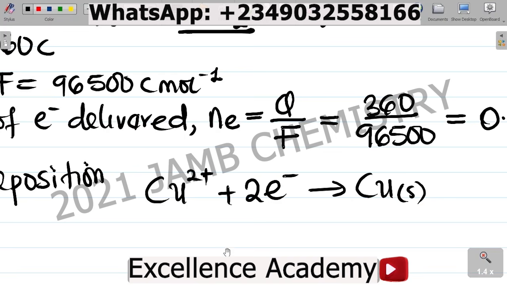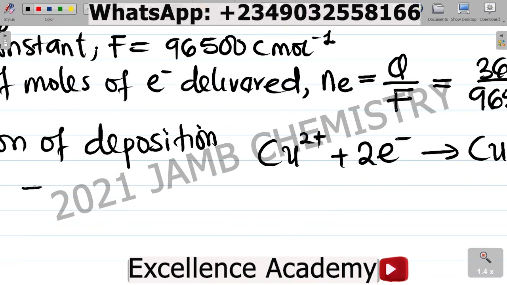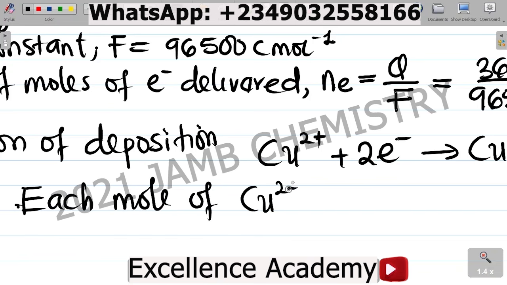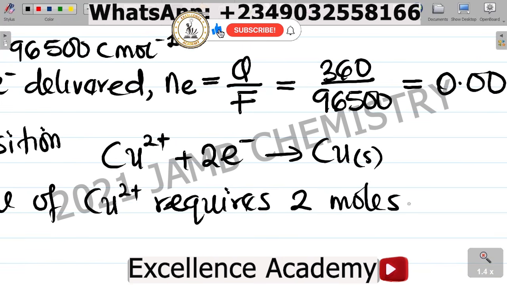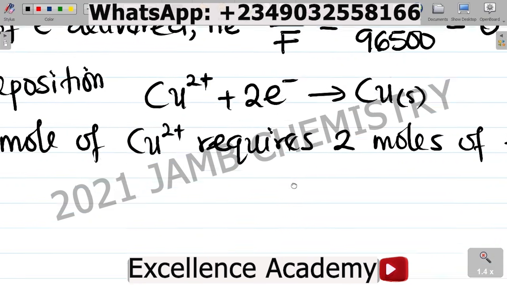So you want to note that each mole of copper(II) ion, Cu2+, requires 2 moles of electrons, as you can see in the equation of the reaction. So from here we have that.